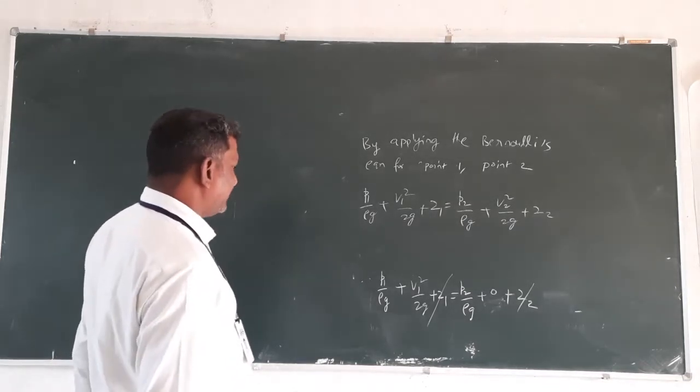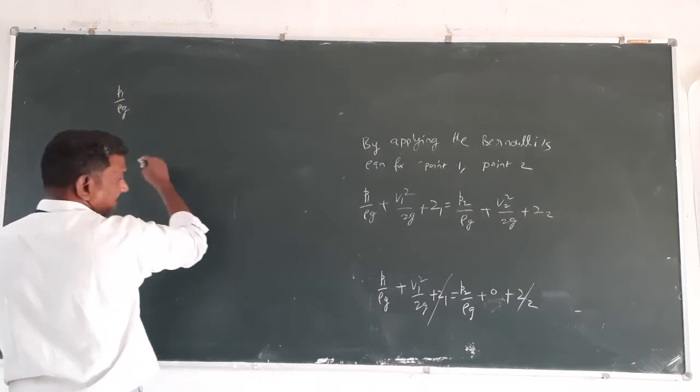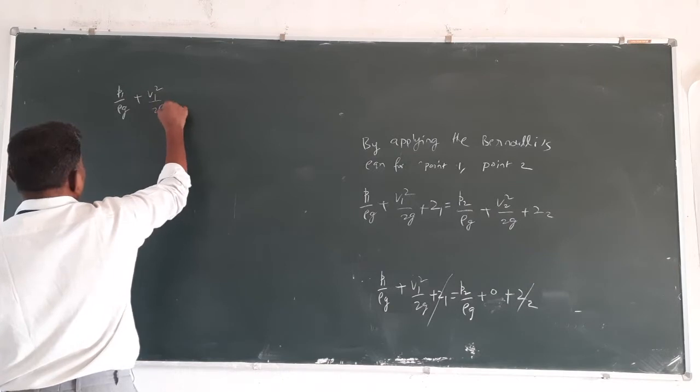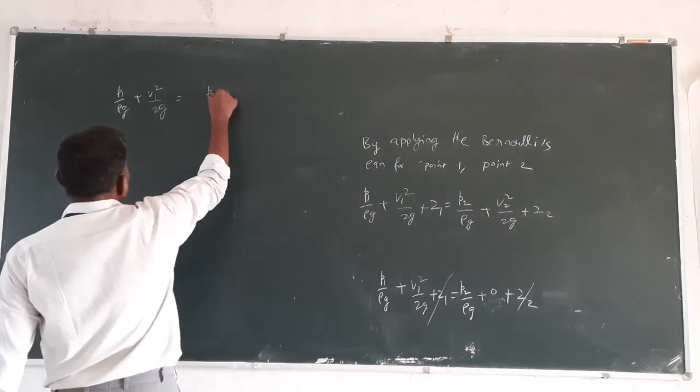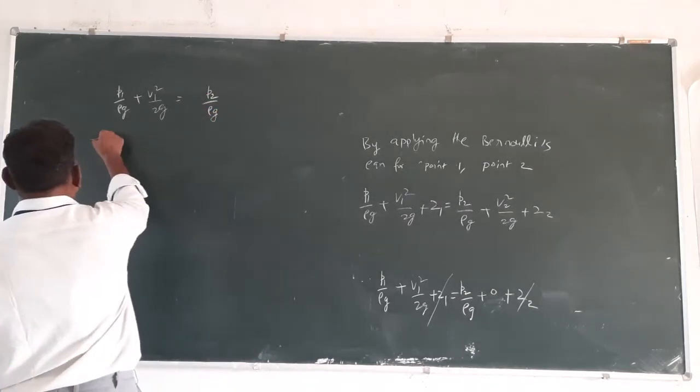What is the remainder? P1 by rho g, V1 square by 2g is equal to P2 by rho g.